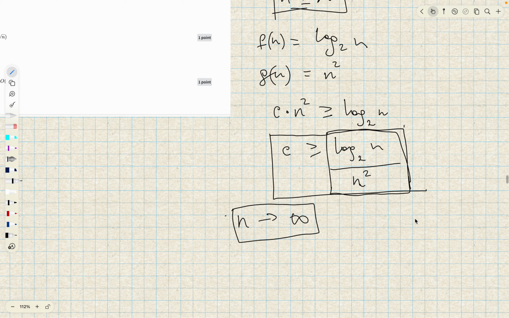And once we find this specific number N, it means that after this point, as we increase n, C stays the same and this inequality still holds true.